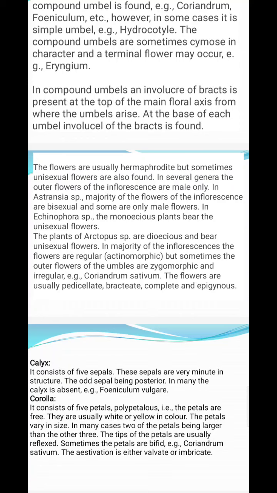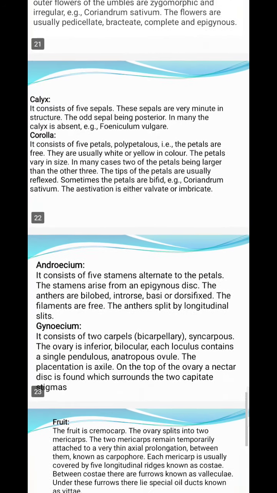In most of the inflorescence, flowers are regular, that is actinomorphic, but sometimes the outer flowers are zygomorphic, that is irregular in shape. But these flowers are usually pedicellate, bracteate, complete, and epigynous.